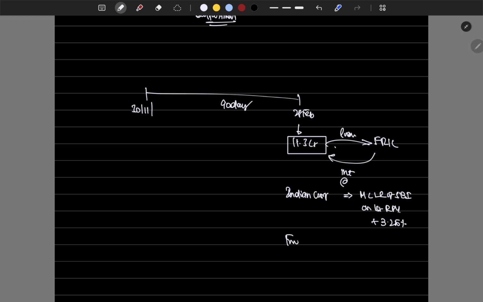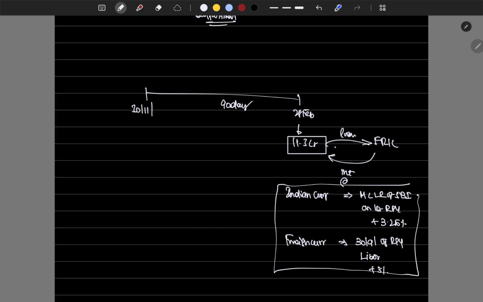If it is in foreign currency, then the six-month rate at the end of the relevant previous year, which is 30th September of the relevant previous year, whatever the LIBOR rate is, the foreign exchange rate, plus 3% would be the interest income that has to be recorded in Fast Growth's books.